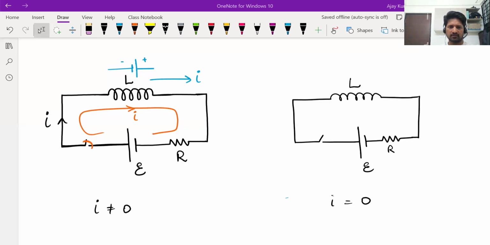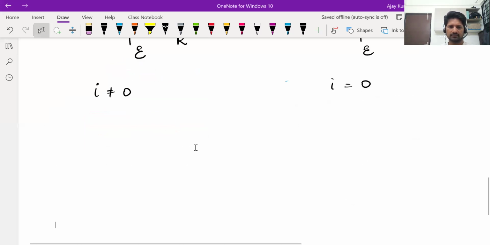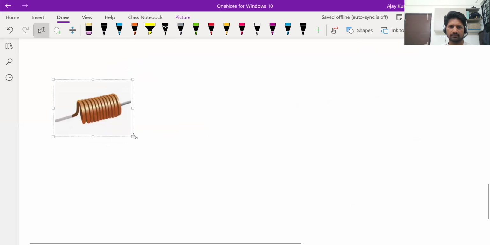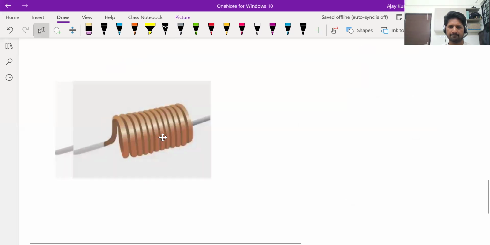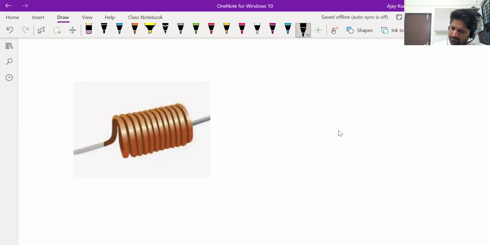You can consider this coil as an inductor. Let us derive an expression for the induced EMF in an inductor.